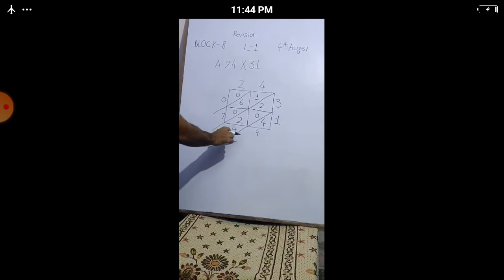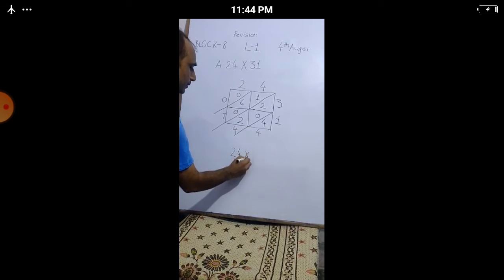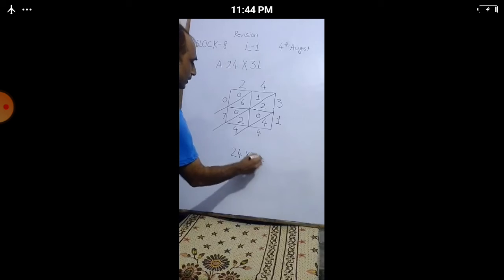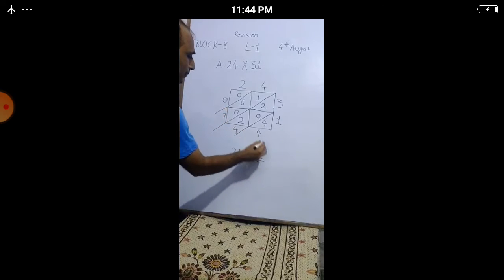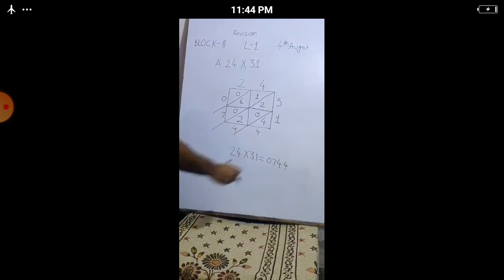So I am going to write top to bottom and left to right. So 0, 7, 4, 4. So our answer is 24 into 31 is equal to 0744. 0744 means our answer is 744.